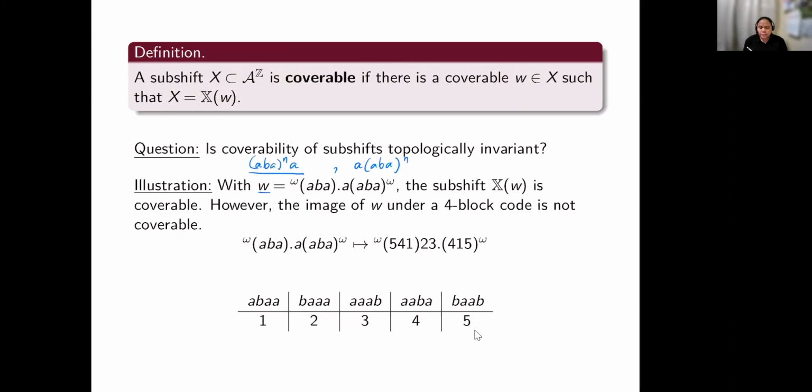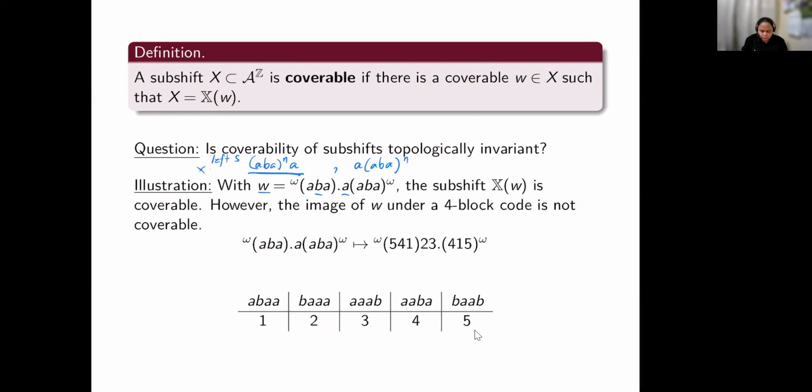It's right special if it can be extended in at least two ways on the right. Okay, so this cover is left special because it can be preceded by either a letter B or a letter A on the left.